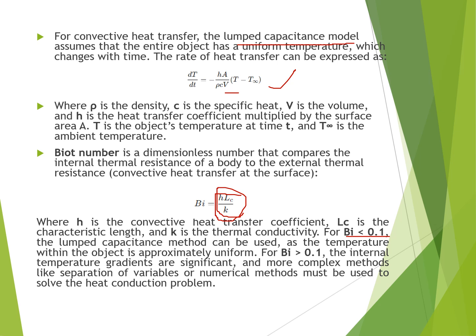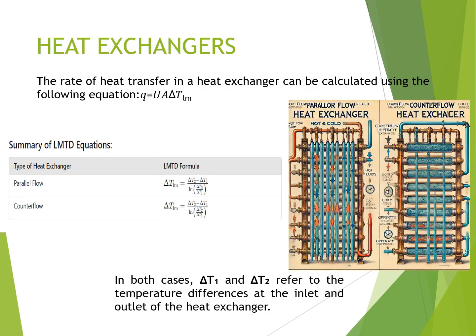If Biot number is less than 1, it suggests that the temperature within the object is uniform, so we can use this formula. But if Biot number is greater than 1, we can't go with this formula. That is a more complex problem, and we have to opt for numerical methods, partial differential equation solving methods. That method is complex, and generally those questions don't come in GATE exam. That is for higher levels.